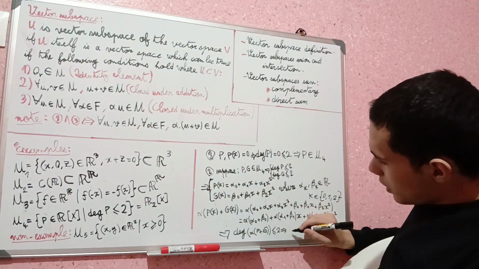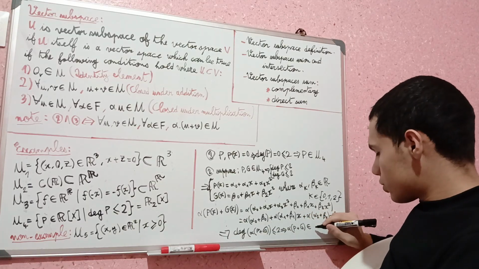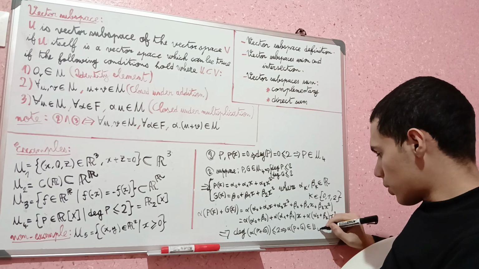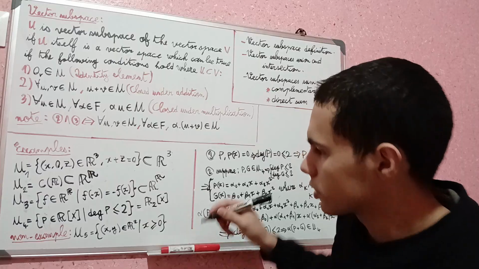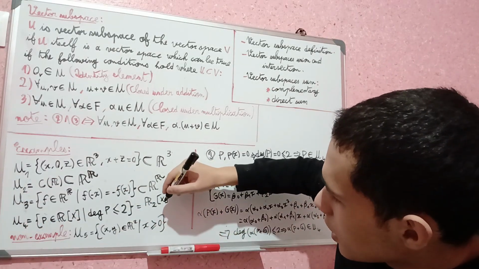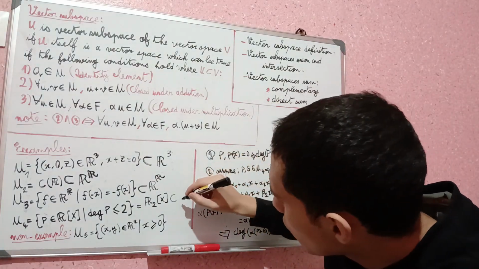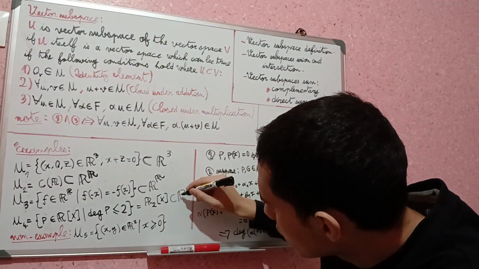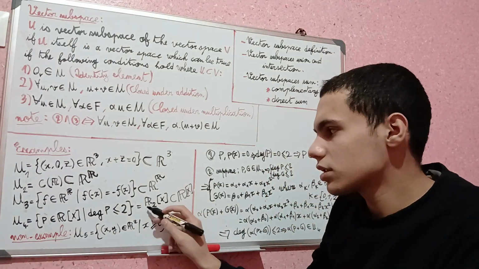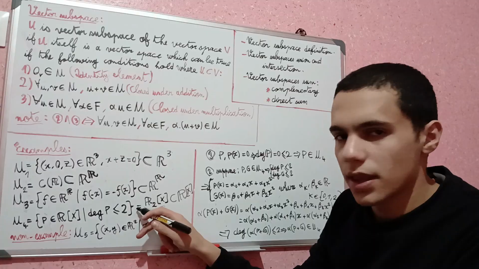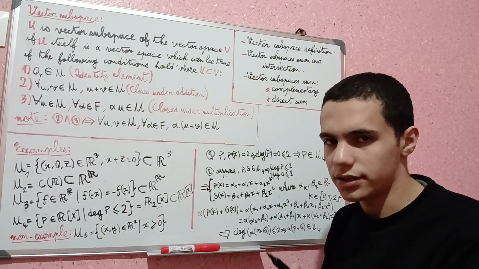Therefore, alpha P plus G also belongs to U4. So U4 is closed under addition and multiplication. And then we say this is a vector subspace of what? Of course, of R2 of X. I said this because this is another way to write this vector subspace. When we say 2, the degree is 2 or less.